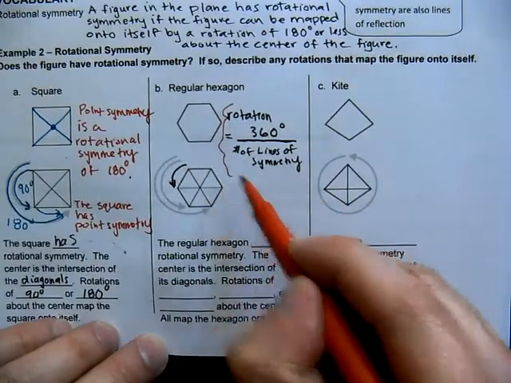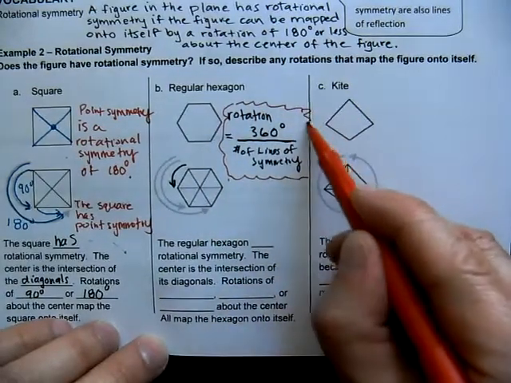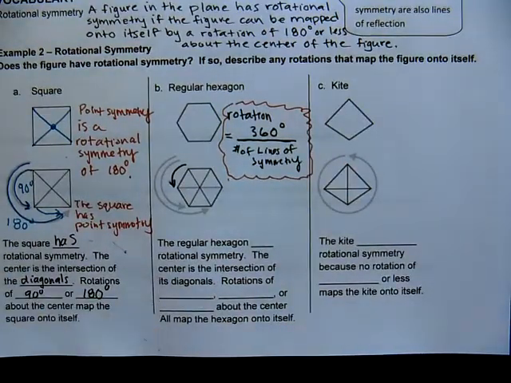So there's our little formula, just kind of fitting it into the space that we have right there. To calculate the rotational symmetry, we'll take 360 degrees and divide it by the number of lines of symmetry.